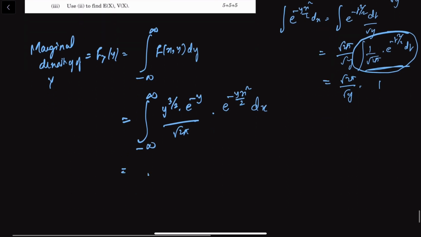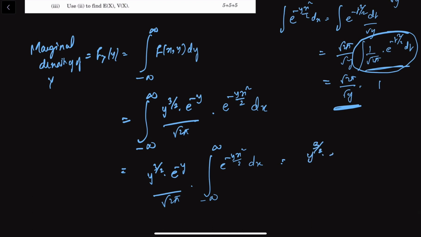That is y^(3/2) e^(-y) by √(2π) into the integral of e^(-yx²/2), and that we have already found as √(2π) by √y.